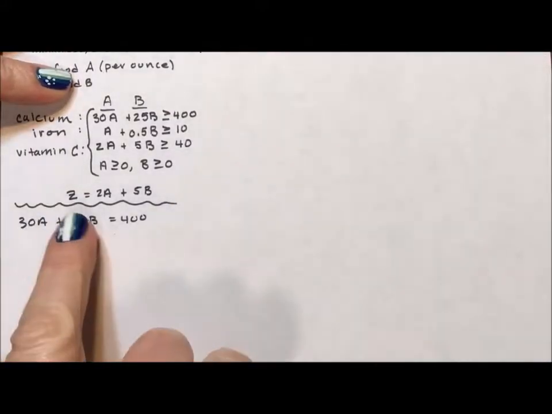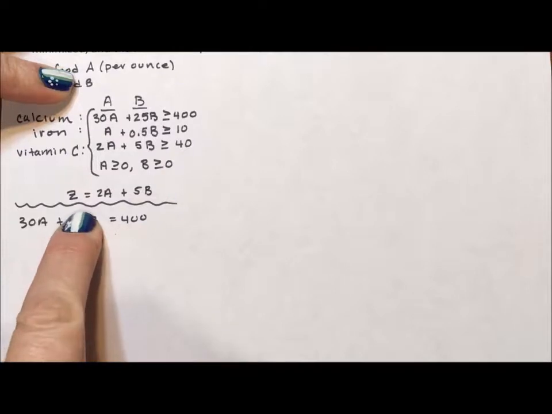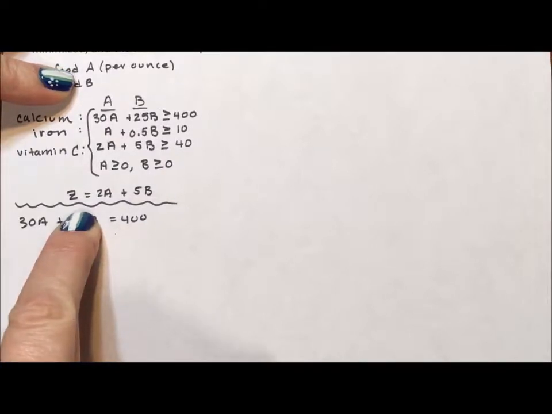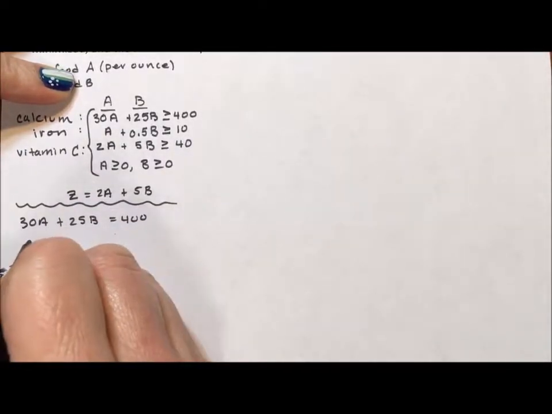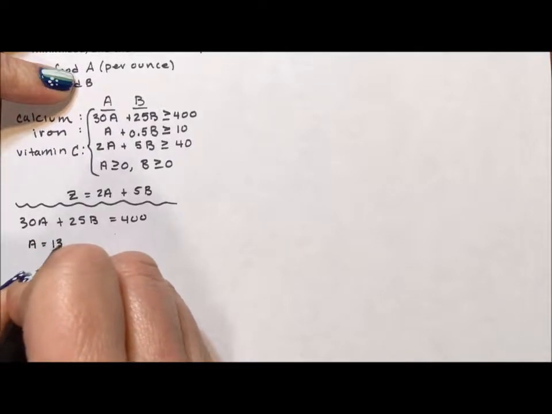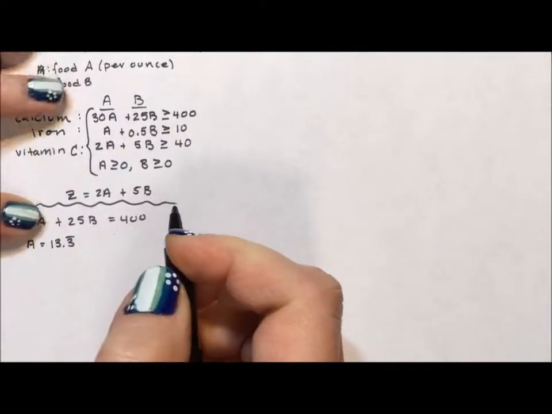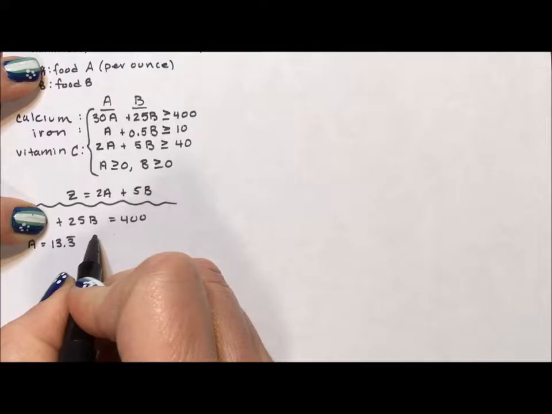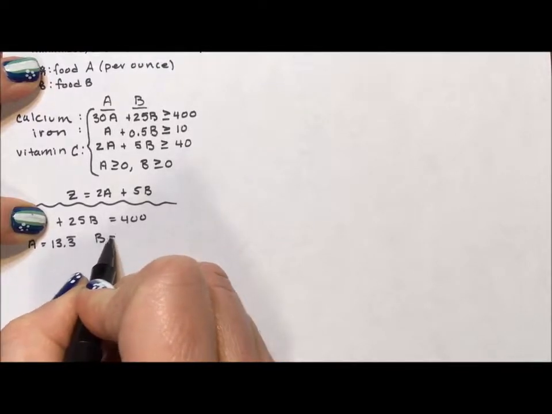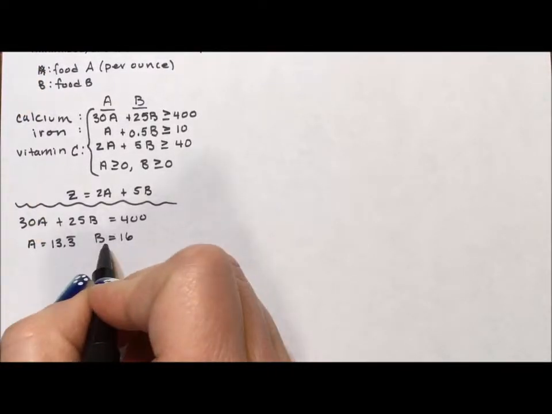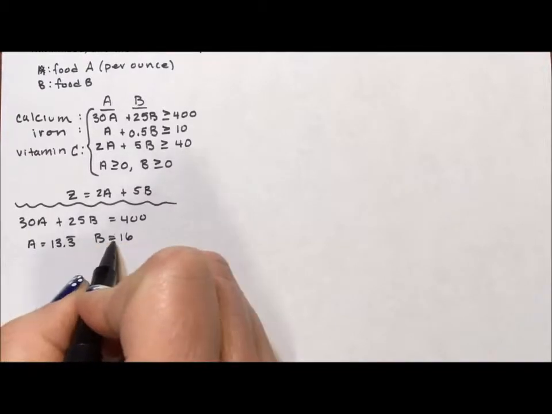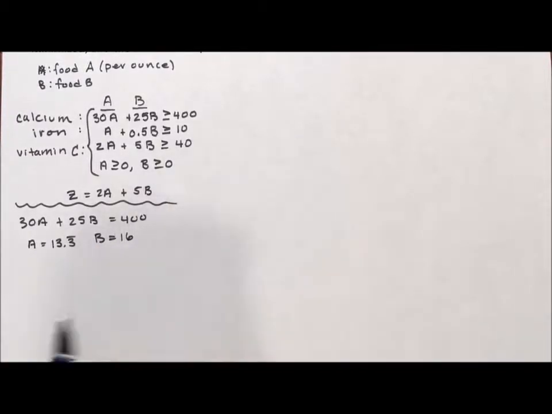So I'm going to set B equal to 0, so 30A is equal to 400, and when I divide, A is going to equal 13.3 repeating. I'm going to set A equal to 0, divide, and B is going to equal 16. Those are the horizontal and vertical intercepts that define this line.